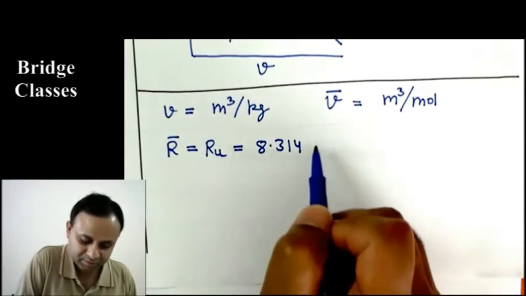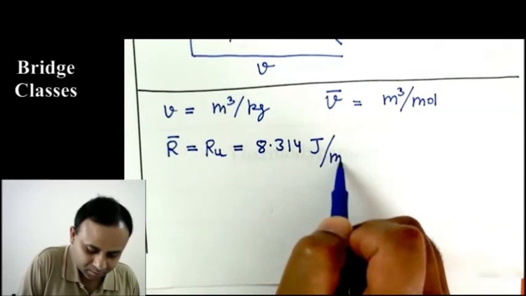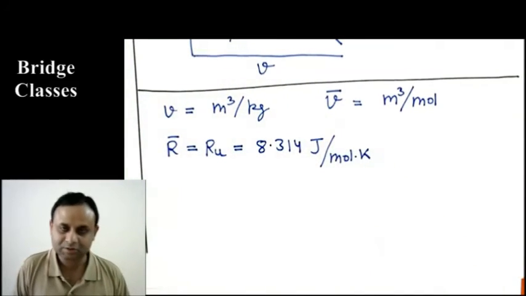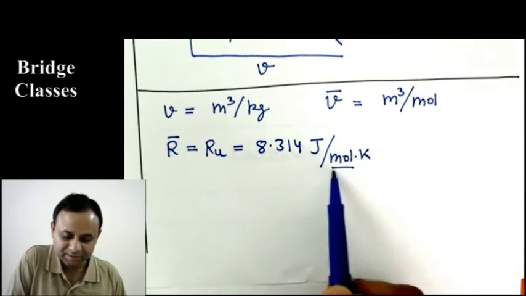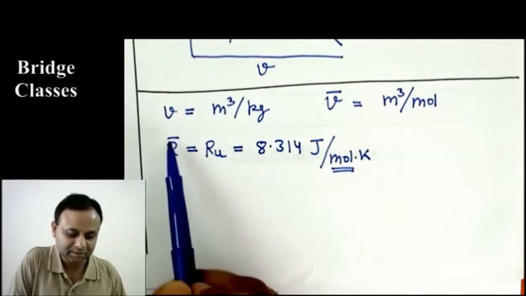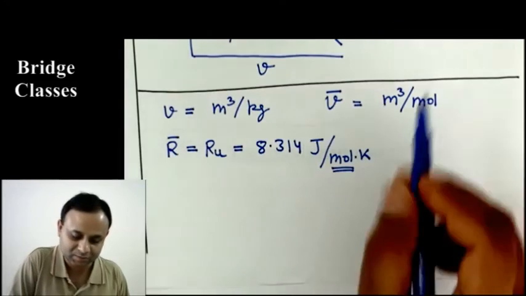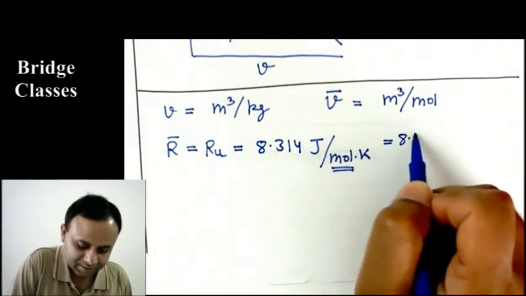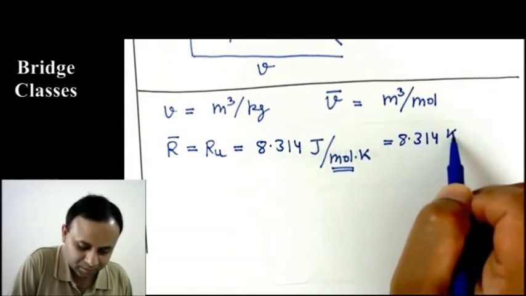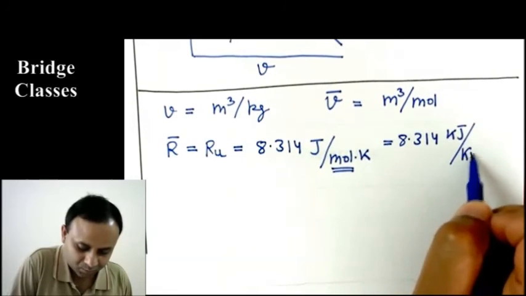This you must remember, joule per mole Kelvin. Those are the units because it is on a molar basis. That is why we put a bar here. It is on a molar basis, or R U, universal gas constant. Or alternatively, you can write it as 8.314 kilojoule per kilomole Kelvin. Same thing.